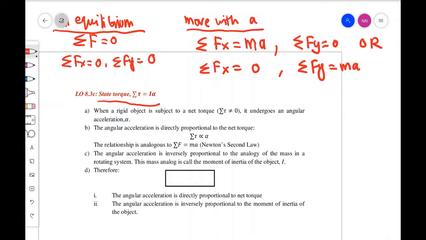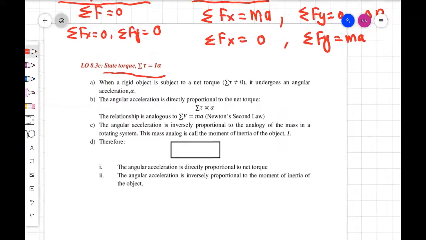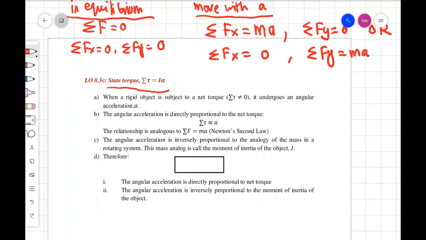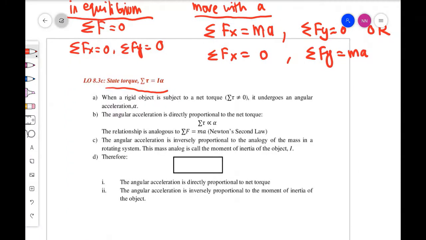Kalau dalam chapter 8, objek buat rotational motion, dipanggil dynamic equilibrium. So net torque equals I alpha. Equation ni adalah analogous dengan net force equals ma. When a rigid body is subject to a net torque, net torque is not equal 0, that means it is not in equilibrium. It undergoes an angular acceleration alpha.